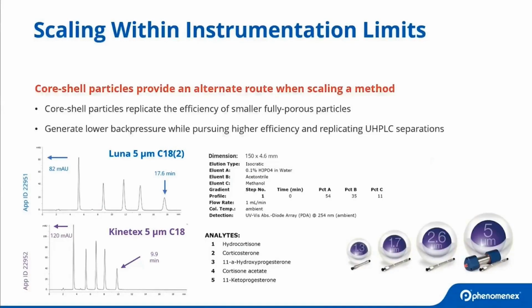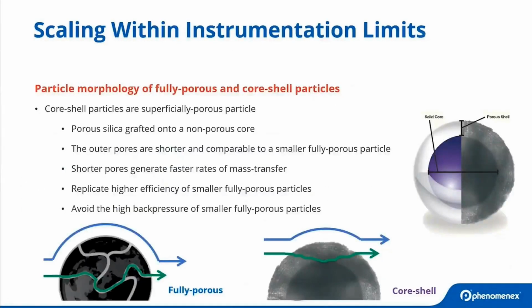But how does this actually happen? When we generate a core shell particle, we actually use a non-porous silica core onto which we then apply porous silica, specifically the porous silica is grafted onto the smaller non-porous silica bead.